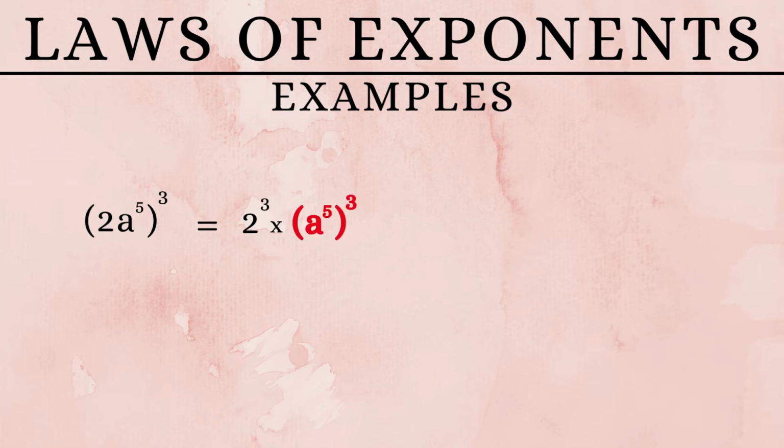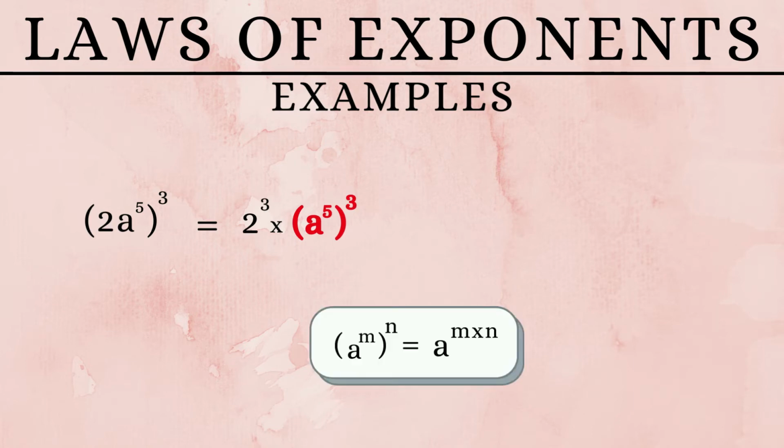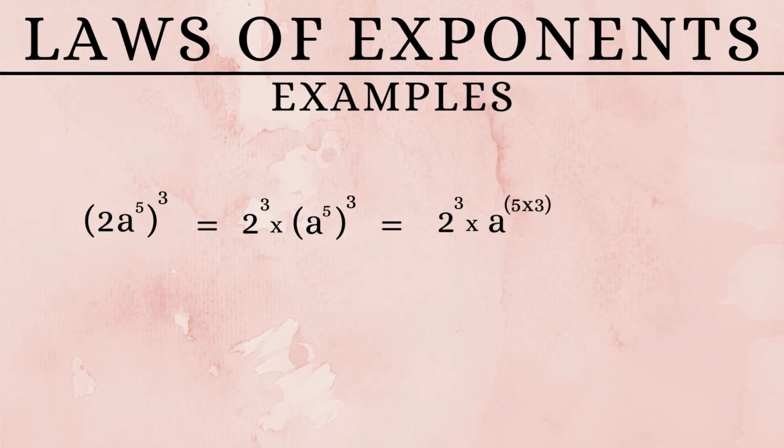In this case, we have the second term as an exponent of an exponent. We solve this by multiplying the two exponents as a to the power of 5 into 3. So that results in 2 cube into a to the power of 5 into 3, or 8a to the power of 15.